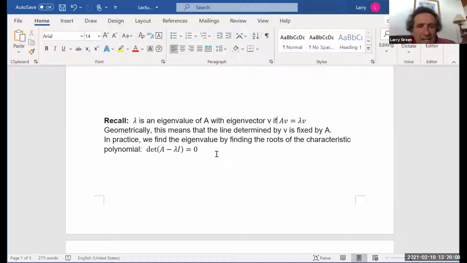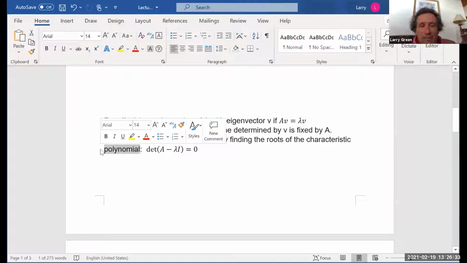Any questions on what an eigenvalue and an eigenvector is? Okay, and then remember that the characteristic polynomial is the determinant of A minus lambda I. Just note that the determinant of A minus lambda I is a polynomial. Otherwise, we wouldn't call it the characteristic polynomial. What's the degree of the polynomial?